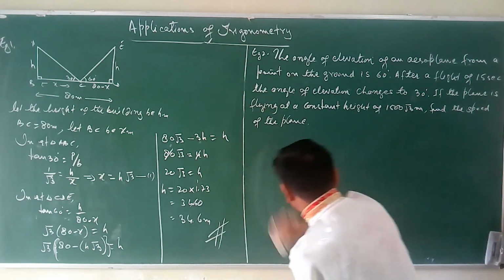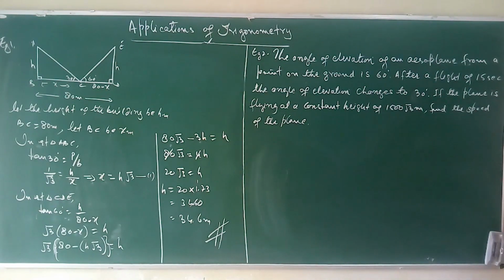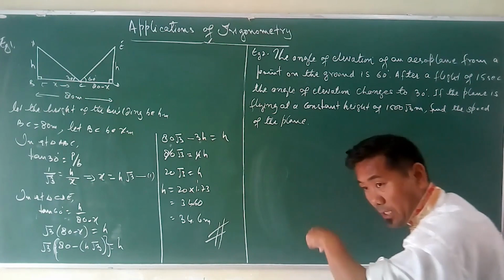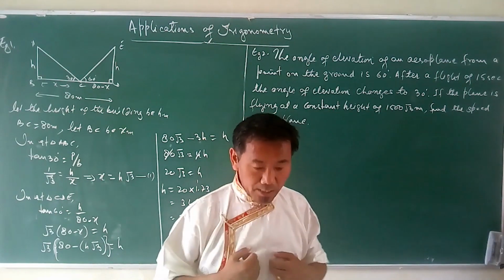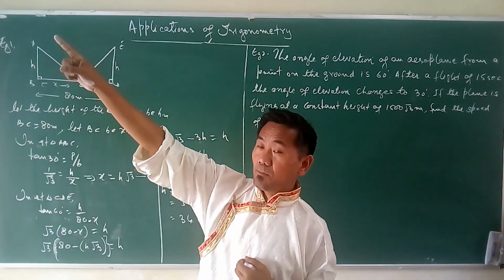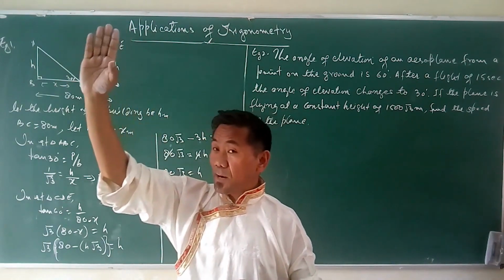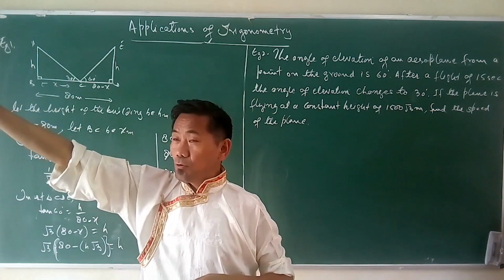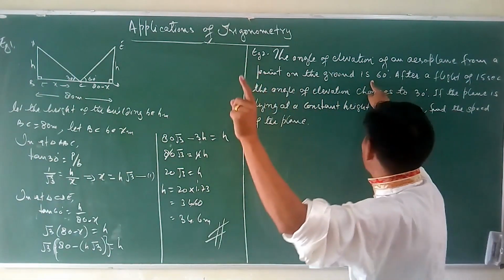Example: the angle of elevation of an aeroplane from a point on the ground is 60 degrees.